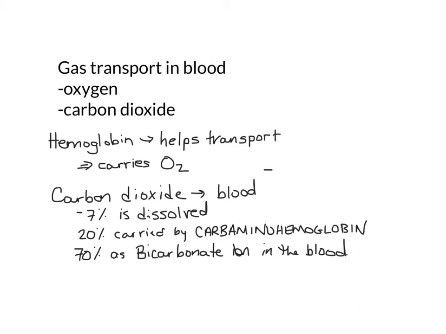So I'm going to go to a new sheet. Oh, sorry, went too far. And the reaction you get is when carbon dioxide enters into water, it basically reacts with water and creates H2CO3, which is carbonic acid.